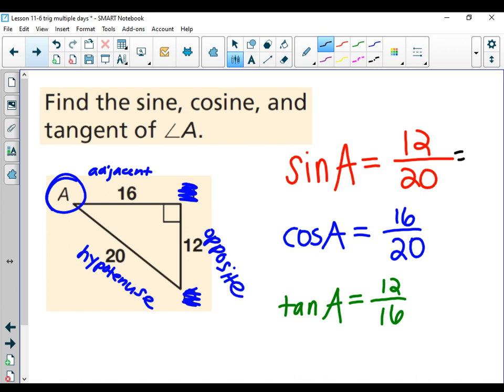Do we have to simplify on the test? It's not required. 3/5. Let's just practice simplifying. 4/5, good work. Try it. 12/16. Nothing wrong with simplifying.